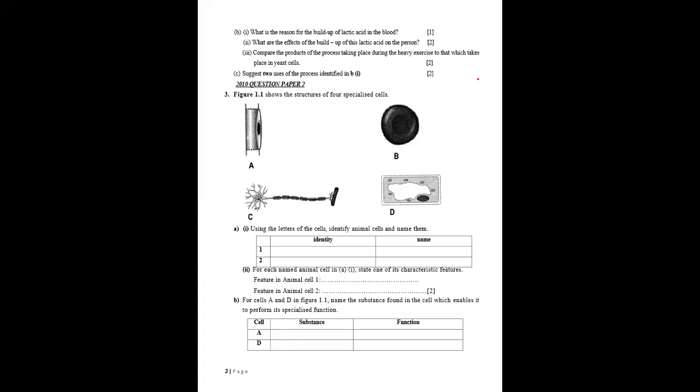Our animal cells are B and C. B is red blood cells. Then C is a neuron or nerve cell.